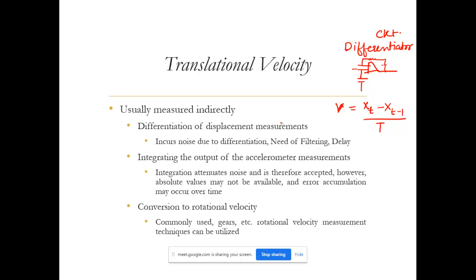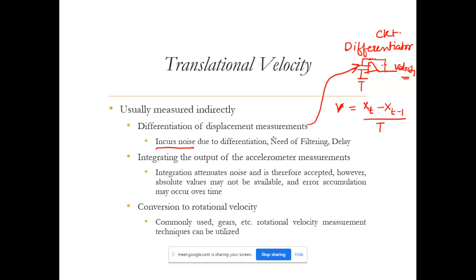If the input signal from the displacement is fed to the input of the op amp, with different values and combinations of the resistors and the capacitor, or the passive components, you can get the velocity as the output. So this is one way where we have used an indirect measurement, because we are not directly measuring velocity, but we are directly measuring displacement, and velocity is a derived quantity from those measured parameters.